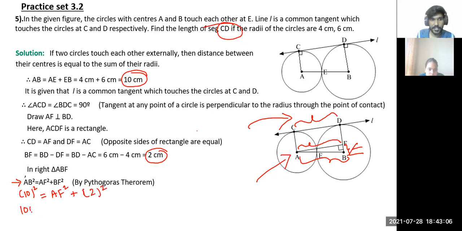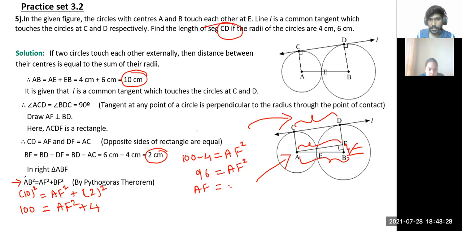So this becomes 100 is equal to AF square plus 4. Take plus 4 to the other side, so 100 minus 4 is equal to AF square. 100 minus 4 is 96. We have 96 is equal to AF square.